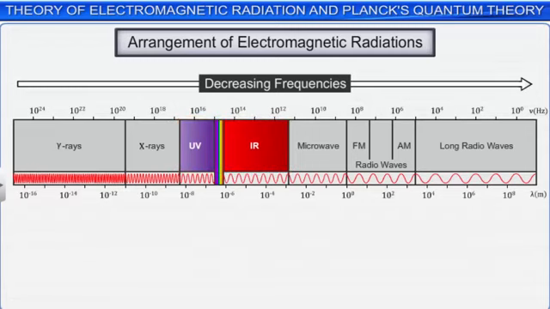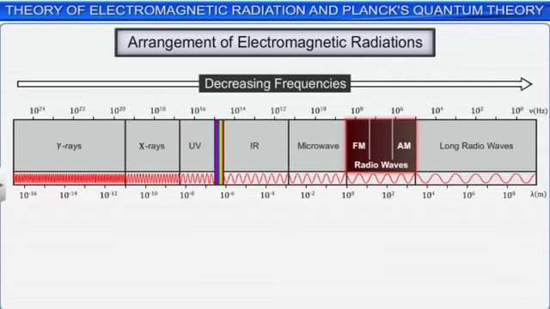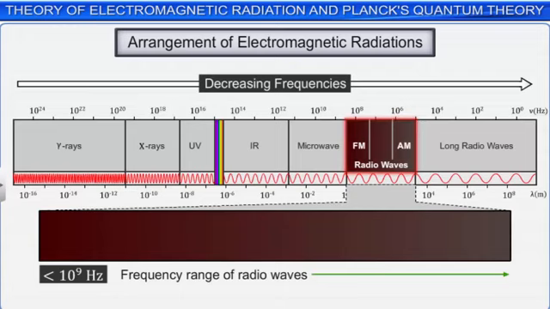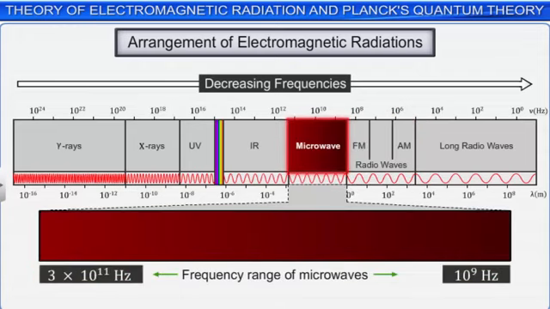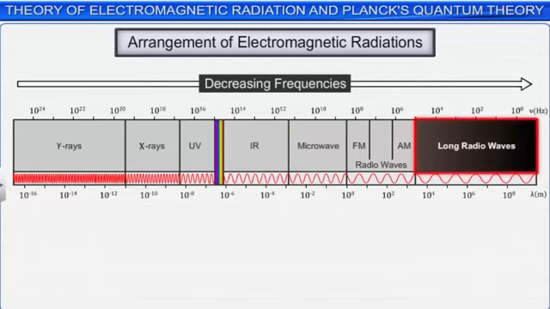Other important regions in the electromagnetic spectrum include radio waves with frequency less than 10 to the power 9 and microwaves with frequency of 10 to the power 9 to 10 to the power 11 Hz. Radio waves have the longest wavelength in the electromagnetic spectrum.